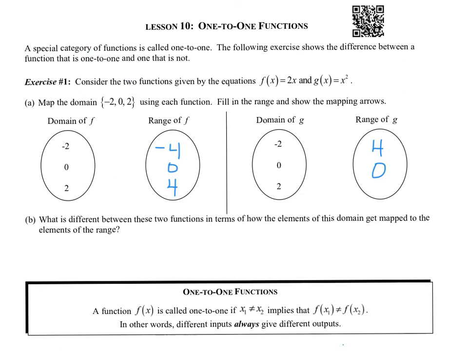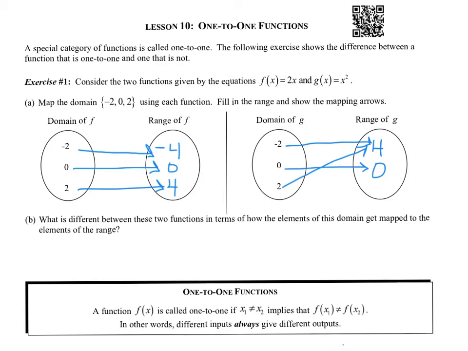Now I'm going to draw the arrows to the corresponding y values. So these go straight across, right? This is going to go here. This is going to go here. But the 2 had a 4 also, so that's going to go up there. What is the difference between these two functions in terms of how the elements of this domain get mapped to the elements of the range?